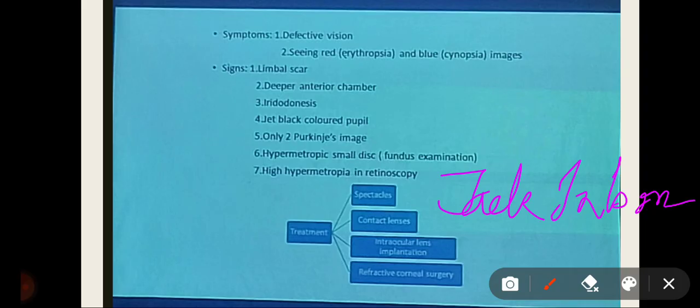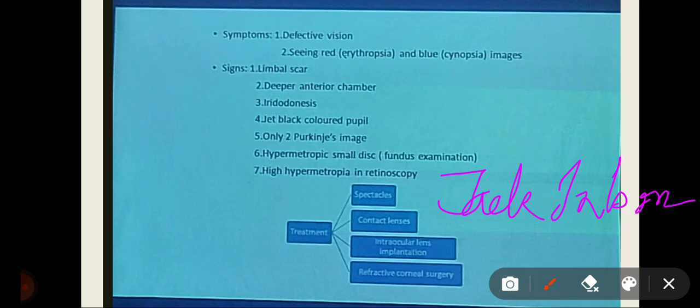And the cosmetic blemish, especially in the young aphakics. So contact lens, the contact lens advantages and disadvantages were discussed previously.